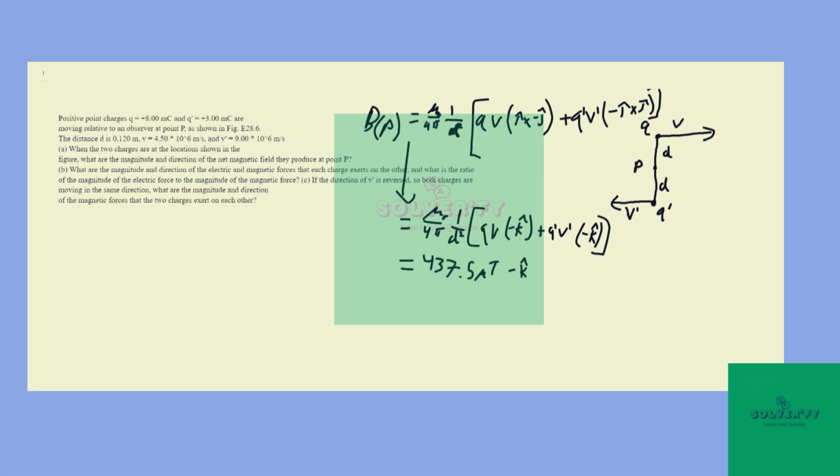Okay, so that's part A. Part B was the magnitude and direction of the electric and magnetic forces the charges exert on each other. First off, I'm going to start on the next page. So we have the electric force of Q acting on Q prime.